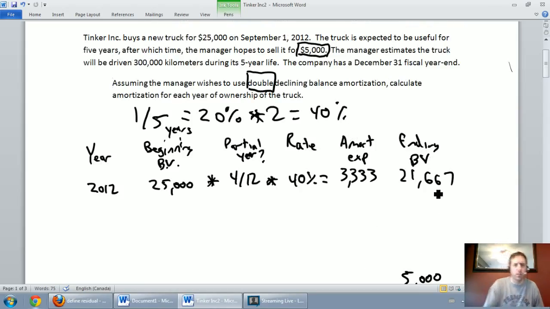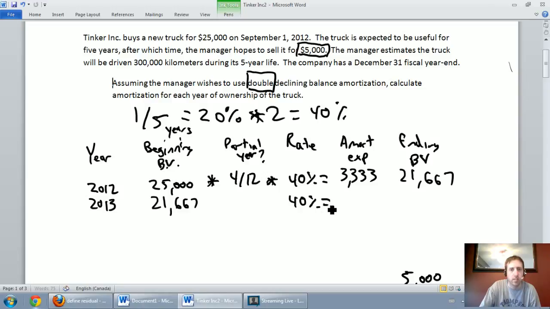Let's do 2013. So 2013, I've got to say, okay, what did I start 2013 with in terms of a book value? And the book value at the beginning of 2013 was 21,667. Is it a partial year? No, I'm not even going to worry about that column then. The amortization rate is indeed 40%. 21,667 times 40% is 8,667.